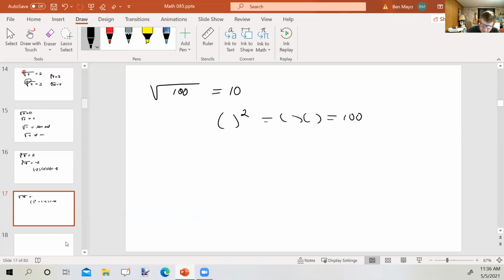So the square root of 100 is 10 because 10 squared or 10 times 10 equals 100. How about the square root of 49? Well, that would be 7 because 7 squared or 7 times 7 equals 49.